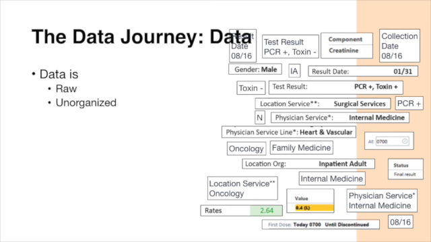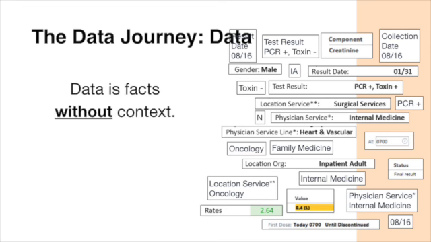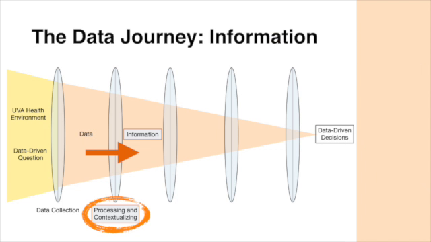Data is unorganized. Data is unanalyzed. Data is facts without context. To turn data into information, we need to process and contextualize the data.